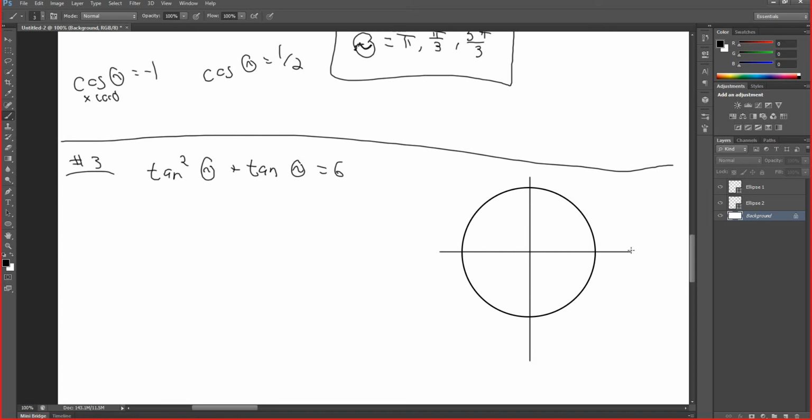It's y over x. Yep. Does anyone recall what the period for tangent is? If not, we can derive it. I think it's pi over 2. Alright, so I've got pi over 2, this is 0, this is pi, this is 3 pi over 2. Where can tangent not be defined?